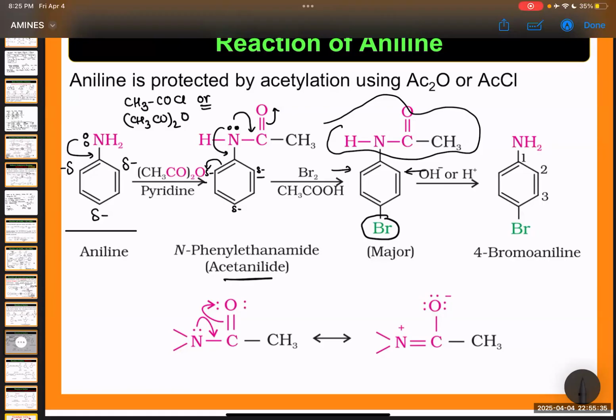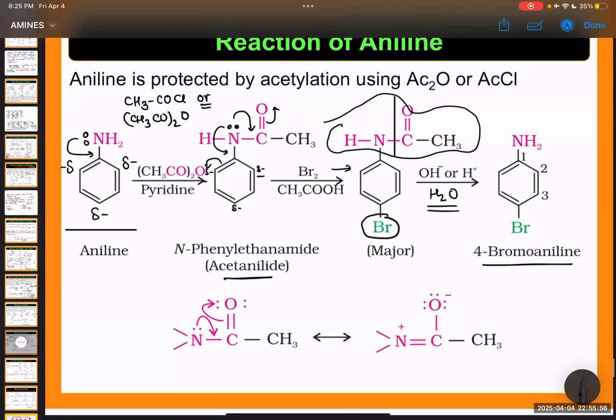Once the reaction is completed, you can break this amide by taking H+/H2O or OH-/H2O. You can hydrolyze it, and you are going to get 4-bromoaniline. This is also known as protection of aniline by acetylation.